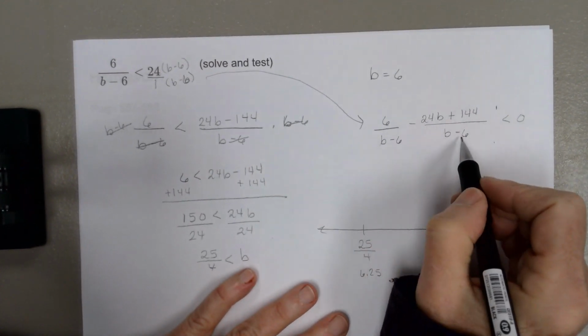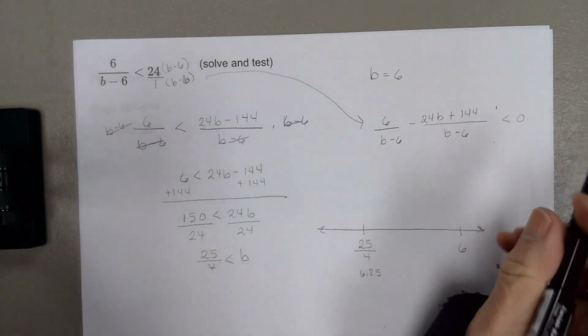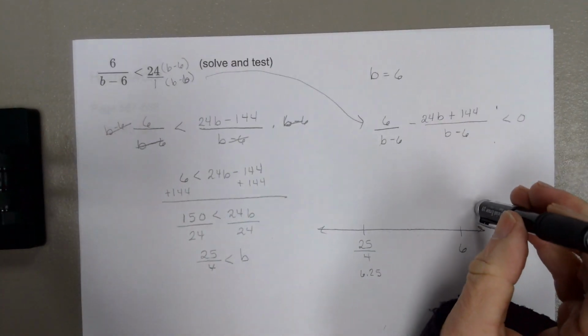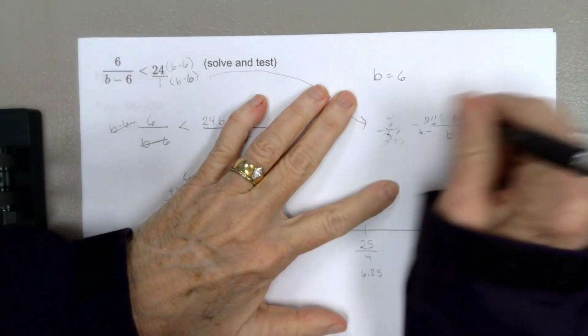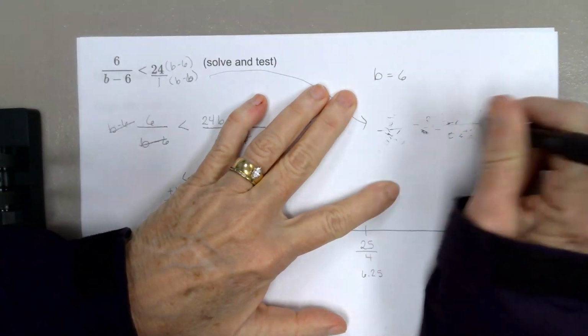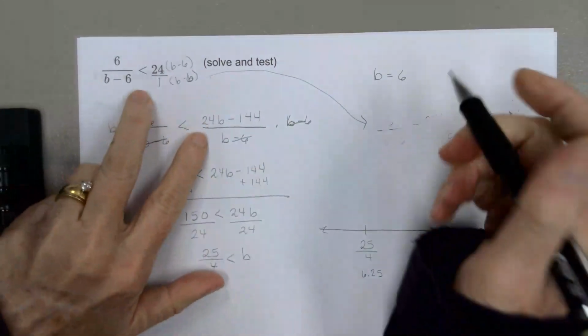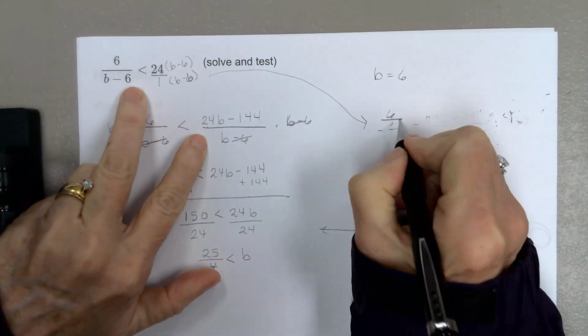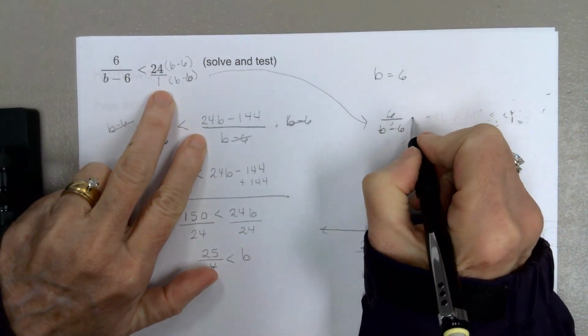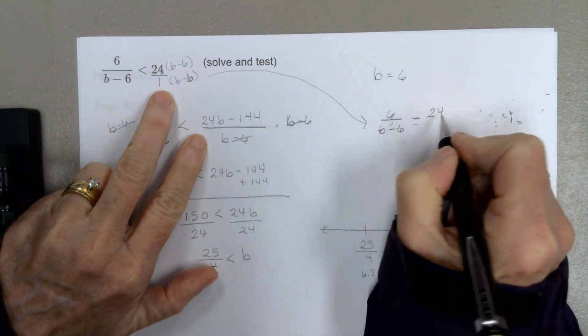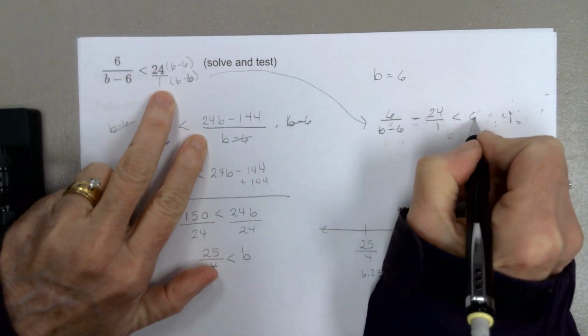Okay, so here if I brought that over, let's do that a different way and see what happens. Okay, I don't think I explained that real well, so let me start from the top here. I've got 6 over b minus 6. And what I'm going to do is subtract 24 over 1 is less than 0.